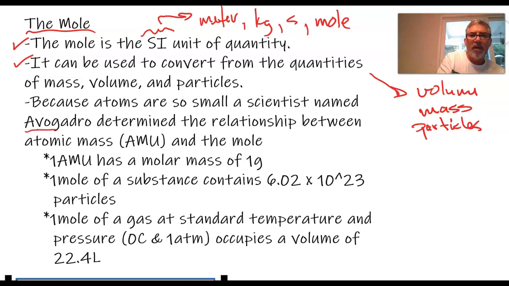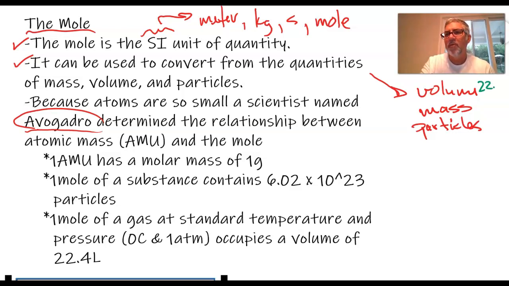There was this guy named Avogadro, and Avogadro figured out how to put it all together. What he figured out is that for volume, 1 mole of any substance is 22.4 liters.